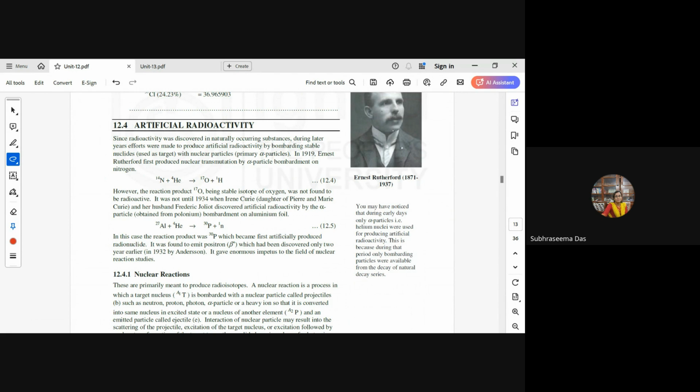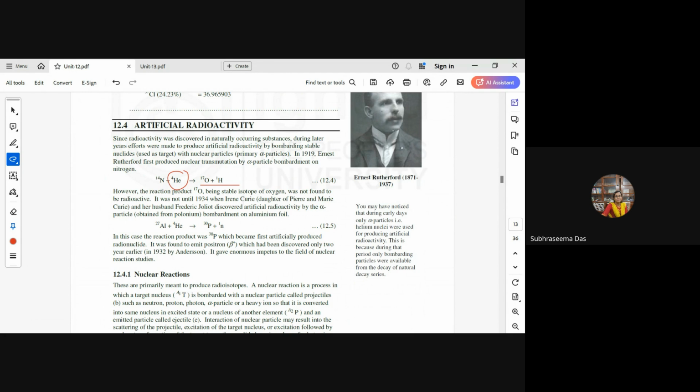In 1919, Rutherford first produced nuclear transmutation by bombarding alpha particles, represented by He4, on a nitrogen atom, and he found that an O17 species was formed from this reaction. However, this O17 species that was formed was not found to be radioactive in nature.